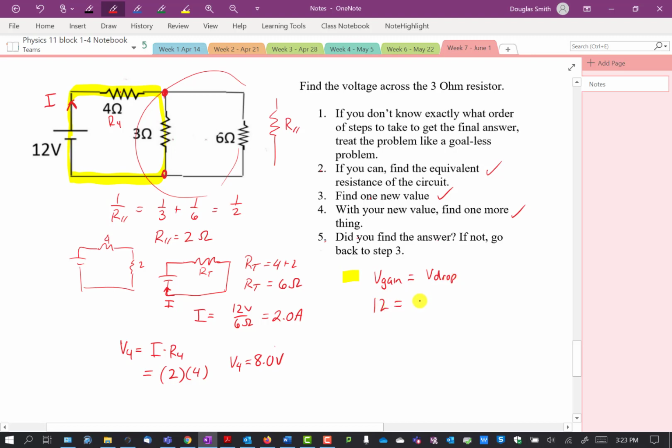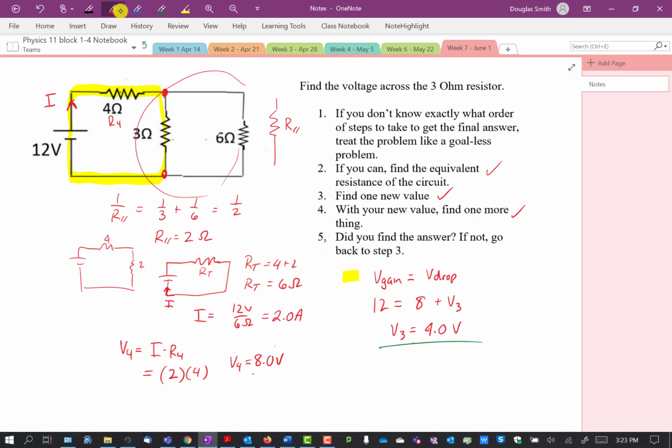It drops across the 4 ohm resistor, which was 8. And it drops across the 3 ohm resistor, so I'm going to call that V3. So V3 is equal to 4.0 volts. Done. That is what the question asked, and that's what I found for it. So that answers the question.